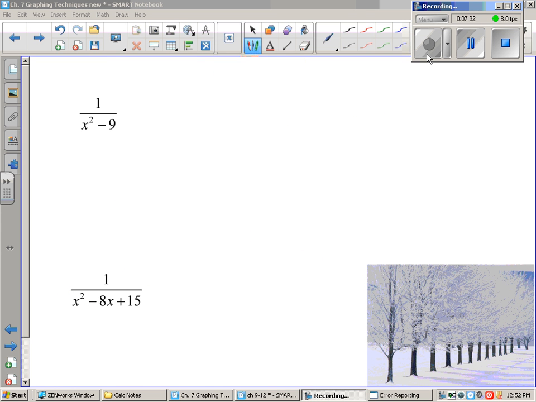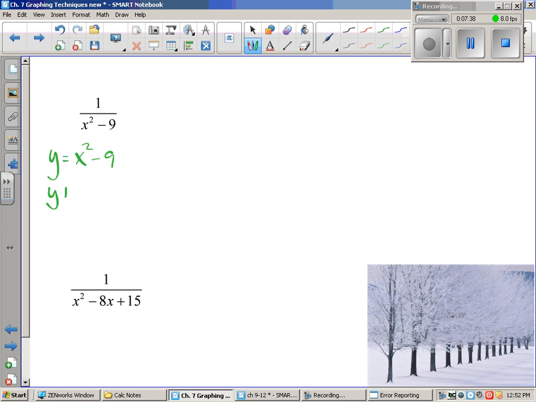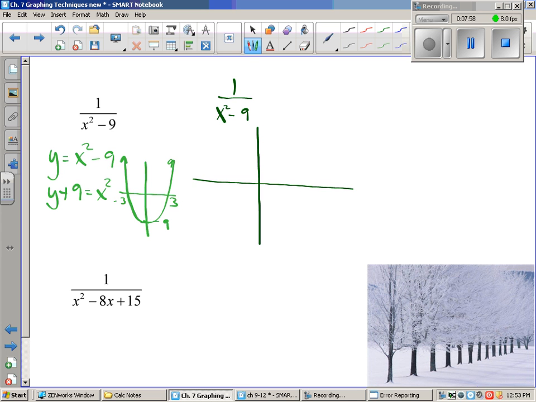Now let's do some more of these. All right, x squared minus 9. Again, just to understand what that graph looks like, that's y plus 9 equals x squared. That means we're taking our x squared graph and shifting it down 9. If you could think about what those intercepts are, hopefully it makes sense to you. So as I do the next graph, 1 over x squared minus 9, again, what are the two spots where those asymptotes are going to fall?